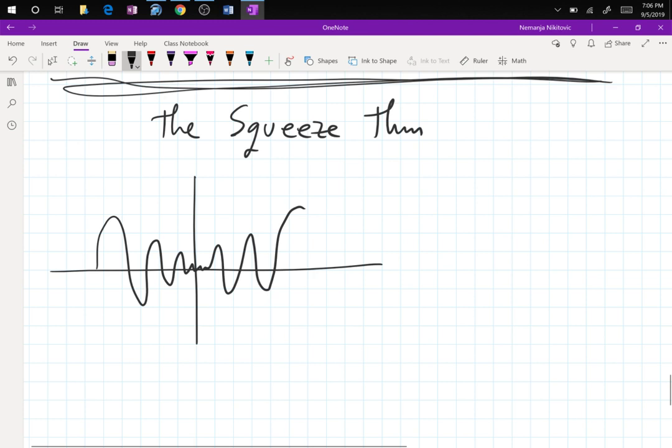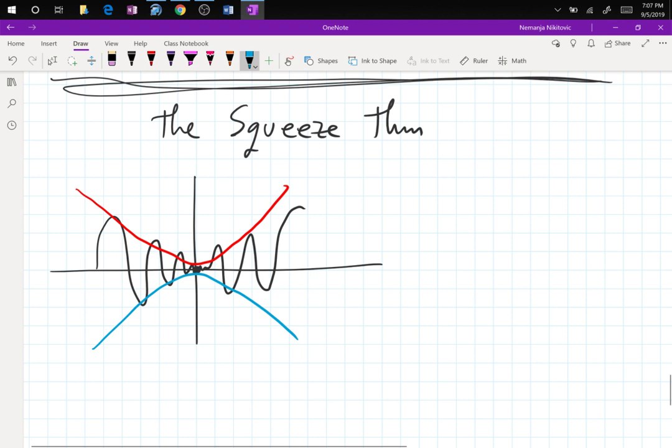Now, what you see over here is a lot of oscillation. And you don't really know what is happening at 0, right? So what you do is you create a function that is higher and then a function that is lower, like that. And then you find the limits of the red and blue function.